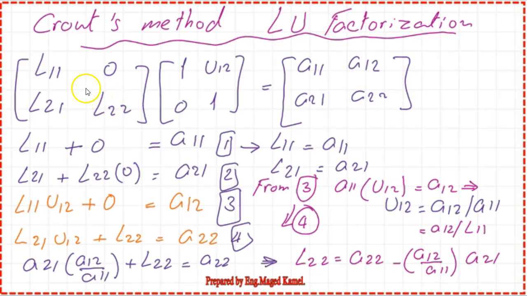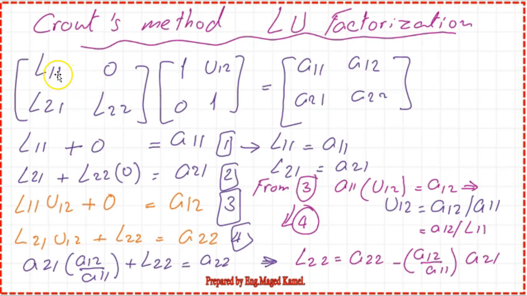Due to the multiplication of the lower matrix by the upper matrix and equating to the matrix A, we have 4 equations. L11 multiplied by 1 plus 0 equals the corresponding A11. This is the first equation. Second equation, multiplying the second row by the first column, we get L21 by 1 plus L22 by 0 equals the corresponding element, which is A21.